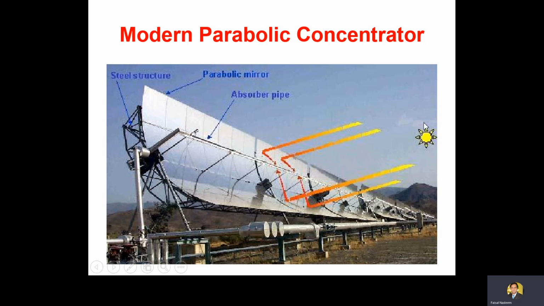Currently the sun is placed here, so the parabolic trough collectors are in the direction of the sun. As soon as the sun starts its movement and reaches above here at this point, the parabolic trough collectors also start their movement, and they basically move along with the sun.